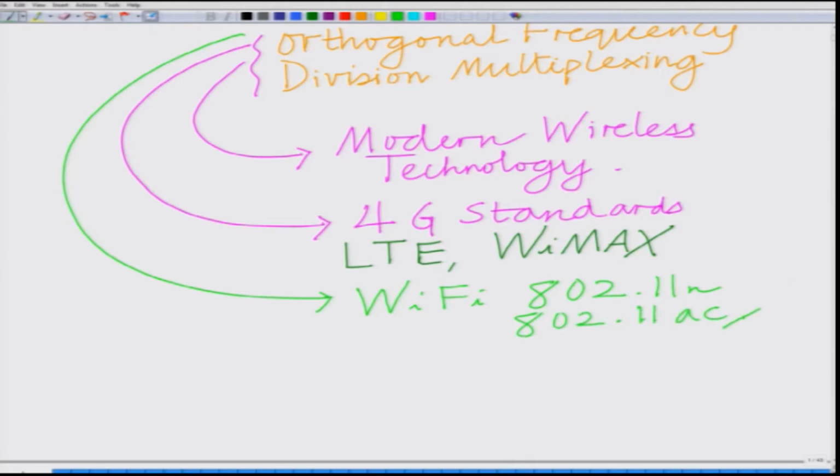So, OFDM is a very powerful and important technology because of its wide applicability in the modern 4G wireless standards as well as the Wi-Fi standards.